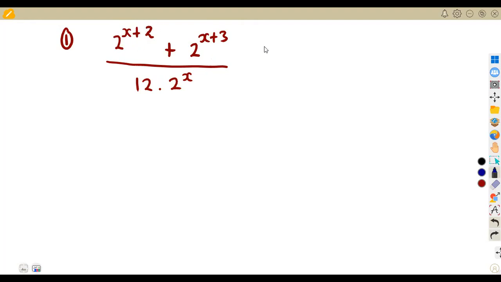Whenever you're given a condition like this, it means you were multiplying 2 to the exponent of x by 2 to the exponent of 2. Remember, if you're multiplying, you add your exponents if the bases are the same. So here I was multiplying 2 to the exponent of x by 2 to the exponent of 2, plus, here I was also multiplying 2 to the exponent of x by 2 to the exponent of 3.